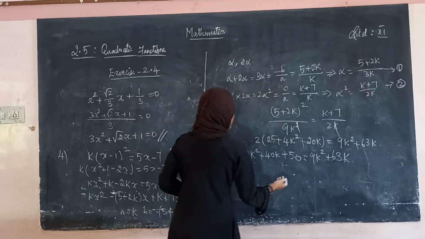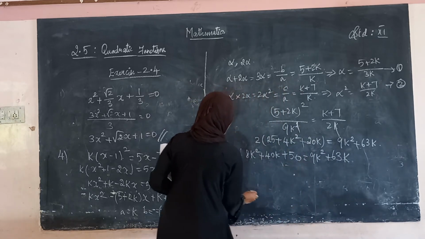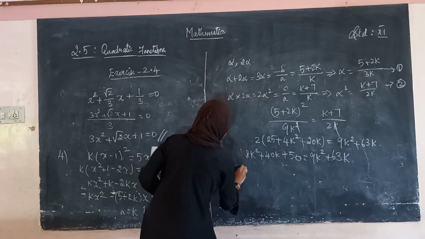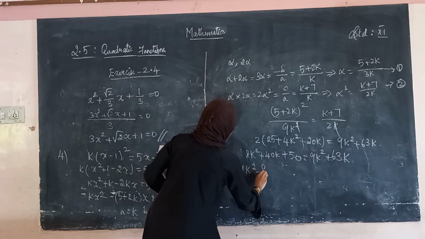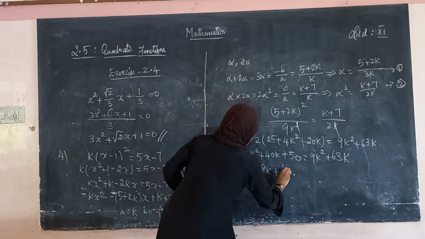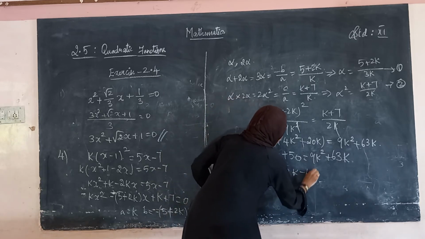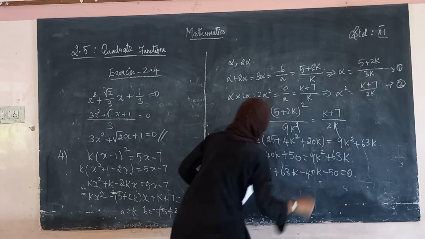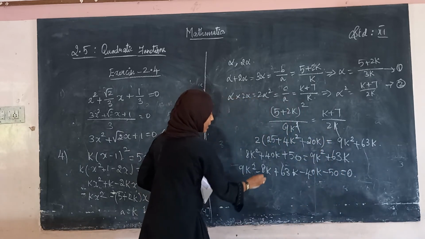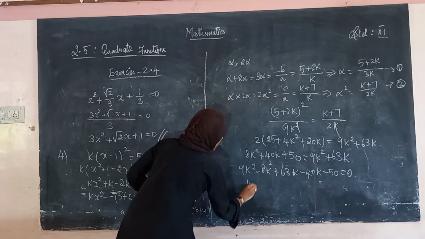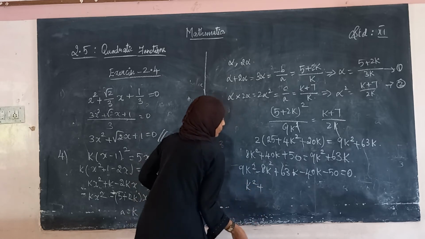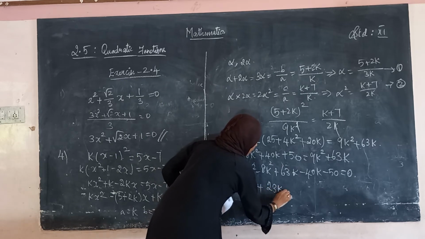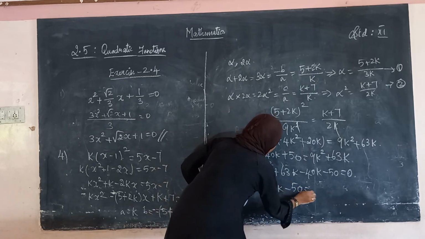Bring this 8k square that side, everything that side. 9k square minus 8k square plus 63k minus 40k minus 50 equal to 0. 9k square minus 8k square is k square, plus 63 minus 40 is 23k, minus 50 equal to 0.